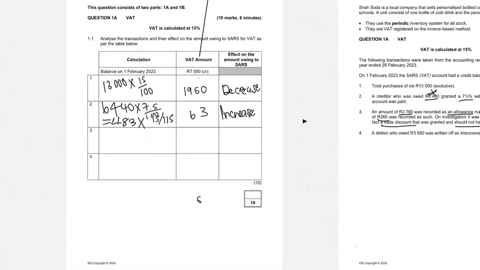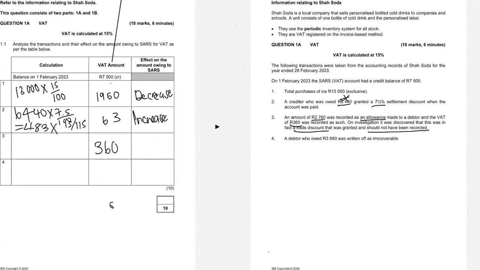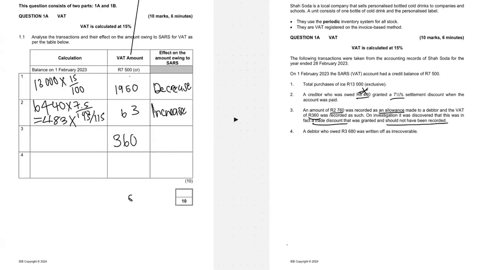Now, back to what's this? It was recorded as an allowance made to a debtor. The VAT of 360 was recorded as such. So what is an allowance? An allowance to a debtor is usually when they make returns or when we owe them money. That's how this was recorded, and that was the error.